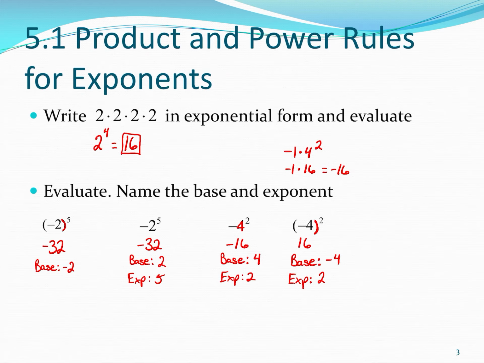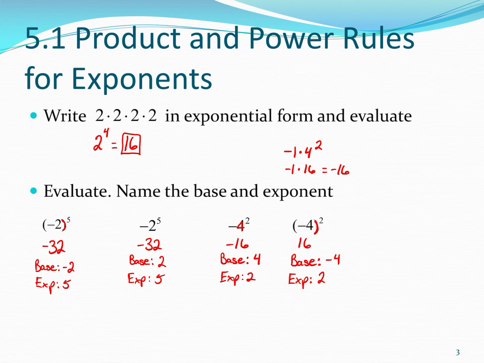And then on the first one, the base is negative 2, because what's directly in front of that exponent is the set of parentheses. So anything inside that is our base. The exponent is 5.